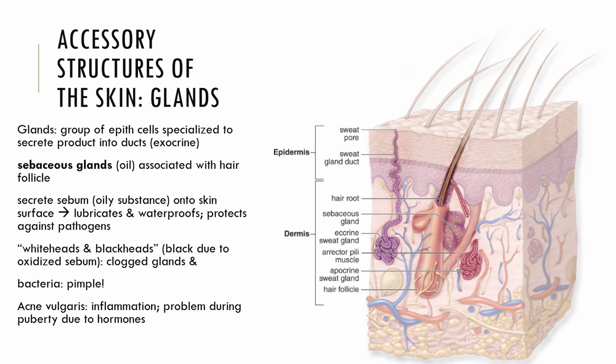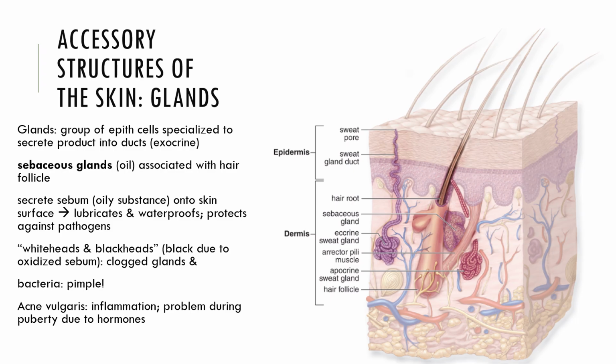We have eccrine, E-C-C-R-I-N-E glands. These are found all over the body, especially in the palms of your hands, the soles of your feet, and your forehead. The function is primarily thermoregulation. And these glands open to the skin surface.